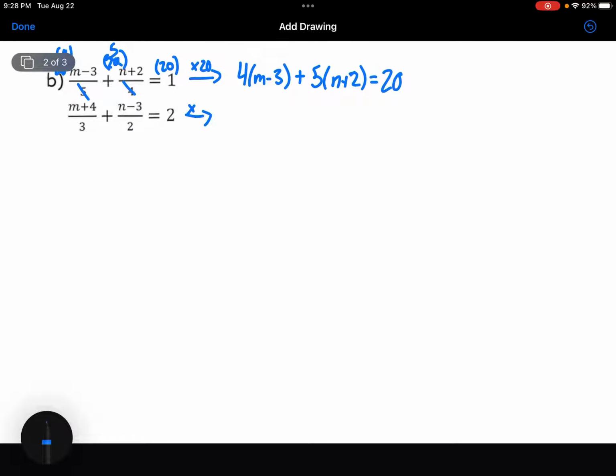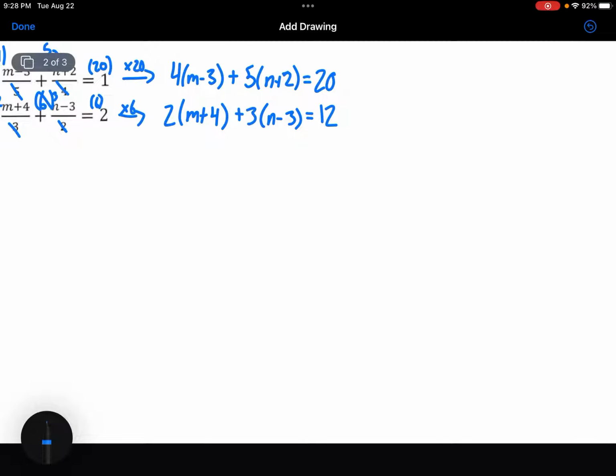We're going to multiply everything by 6 to get rid of my fractions. So that's going to be 2 times m plus 4, because when we do our 6 here, it reduces down to 2. When we do our 6 here, it's going to reduce down to 3. And our 6 here would just stay. So we're going to get 3 times n minus 3 equals 12.